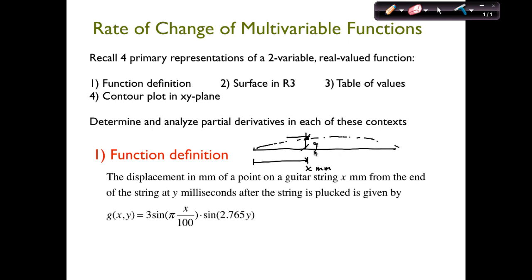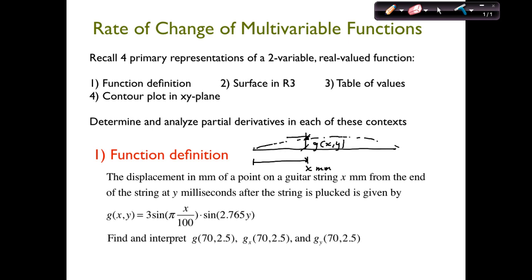This is g of x y, that displacement at that point. X millimeters down from the end, y milliseconds after you pluck it. That point on the string has been displaced an amount g of x y. So this function tells you what those displacements are. Does the situation make sense? So that's kind of a cool multivariable function.